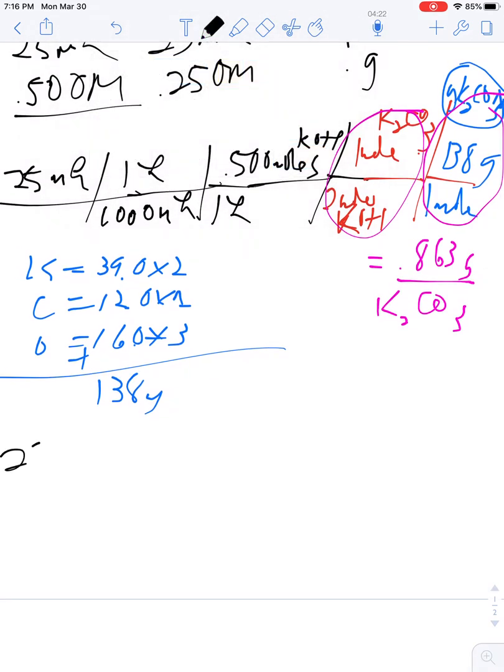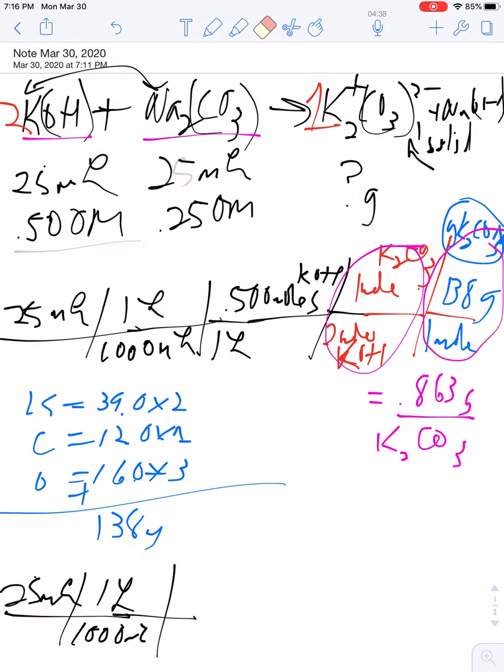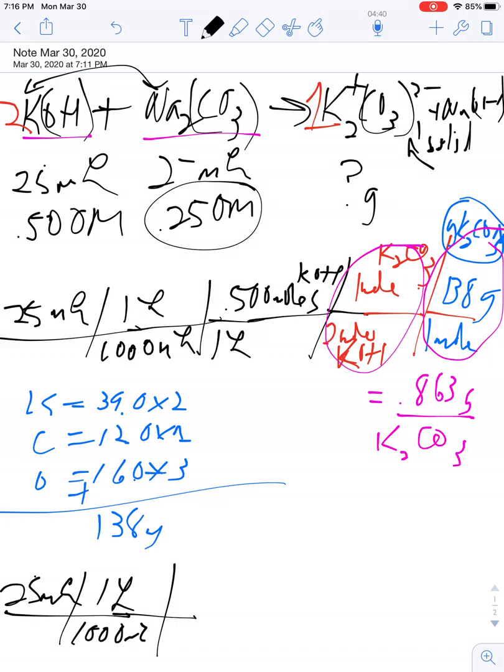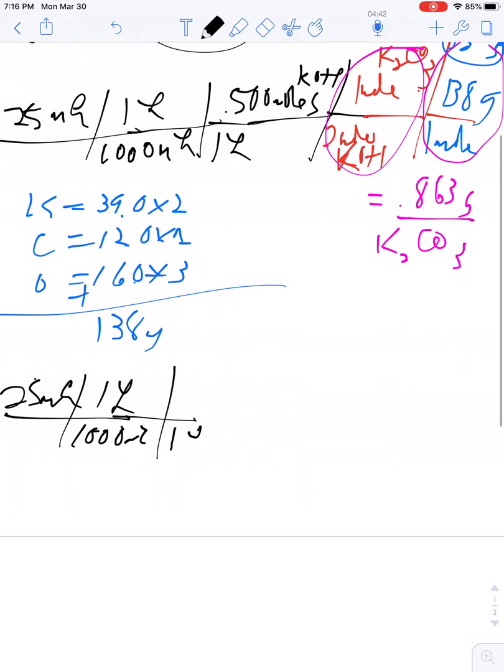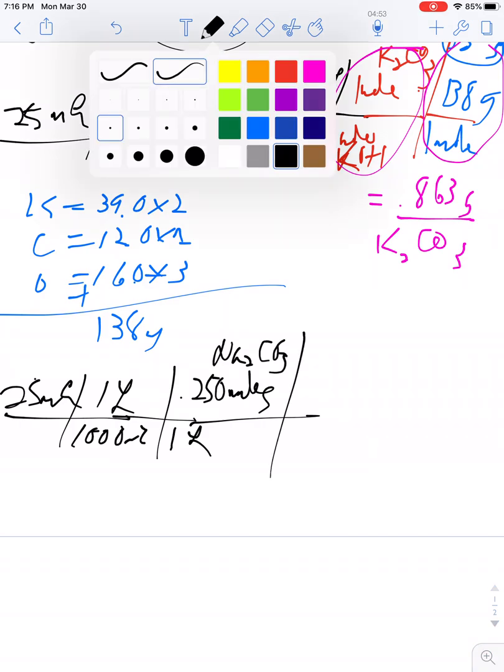So I have 25 mils. Convert my milliliters to liters, and my concentration is 0.25 molar. So for every 1 liter, I'll get 0.250 moles of my sodium carbonate. Then I use the mole ratio.